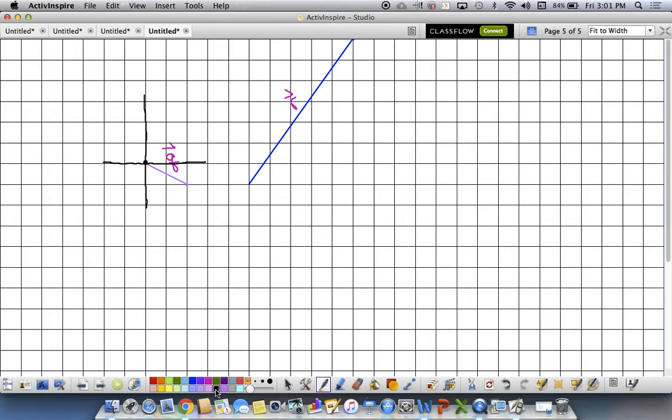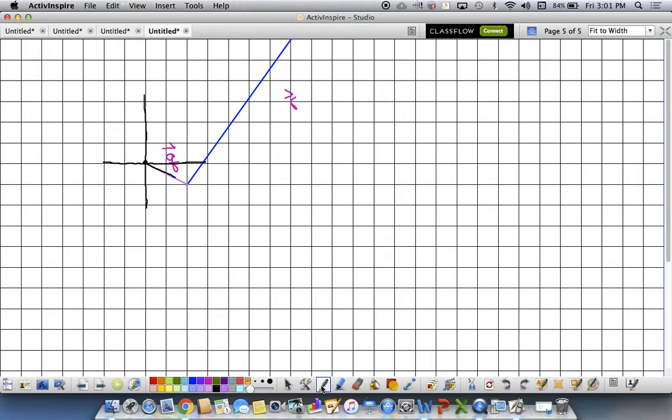Now, if I want to add vector R to vector Q, I can simply pick it up and put it at the end of vector Q. Sorry about that, undo. My initial point with Q is where I'm starting.